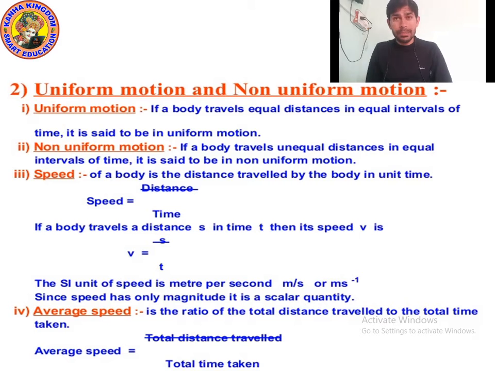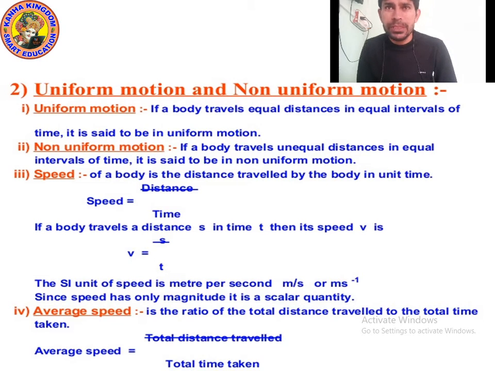But in uniform motion, distance and time should be the same, so the graph for uniform motion is always a straight line graph, but the graph for non-uniform motion cannot be a straight line graph.